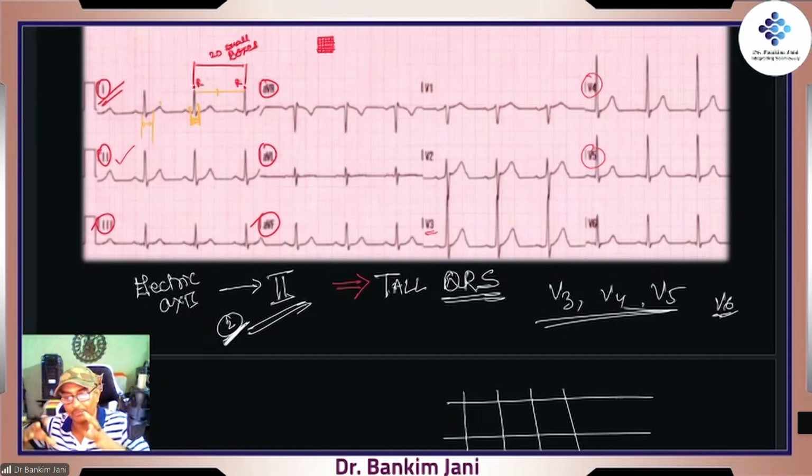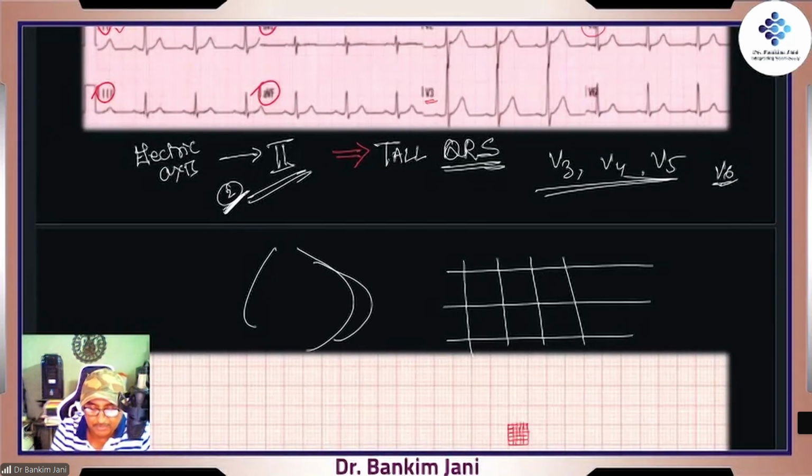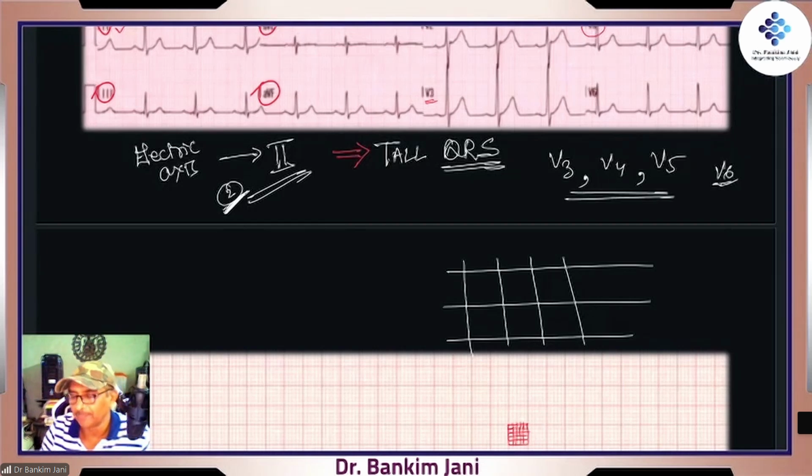V6 is extremely lateral, so when there is enlargement of the left ventricle, V6 will also start showing this spike, because the heart will be enlarged. Let me show you. This is the heart, and when it is enlarged, even V6 will start getting the big signals. So for practical purposes, it is V3, V4, and V5.